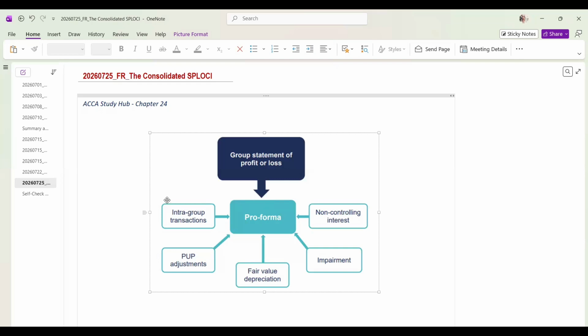One of such problems is what we call intra-group transactions. Let me tell you about intra-group transactions. Parent and subsidiary form a family. We call that family a group. Although the law sees them as separate entities, accounting sees them as one.